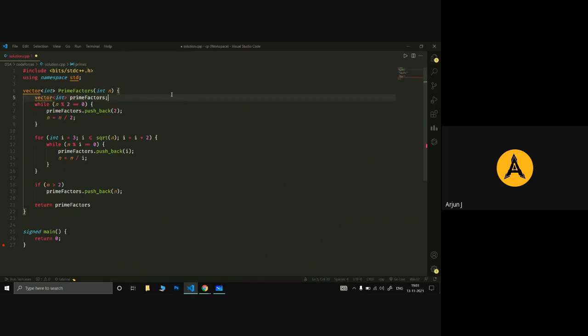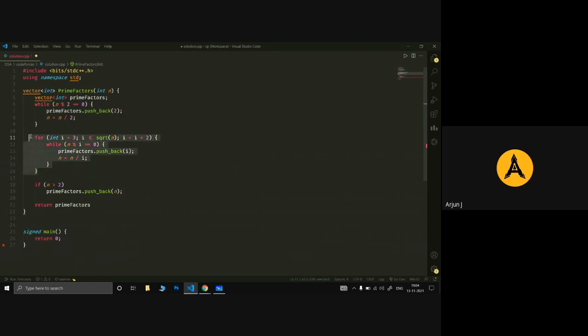So this is the approach we are going to follow. First, this is the naive approach that we discussed earlier. Here we have a vector called prime factors, and first we eliminate all multiples of 2, and then we push back that number of 2's into prime factors.